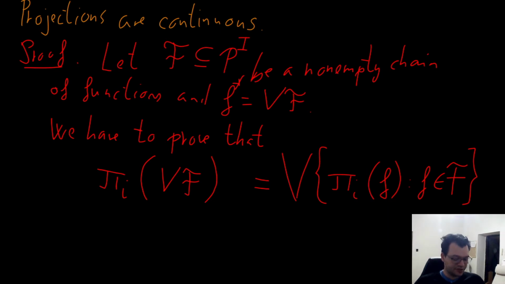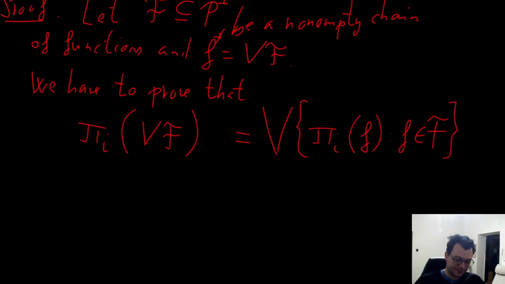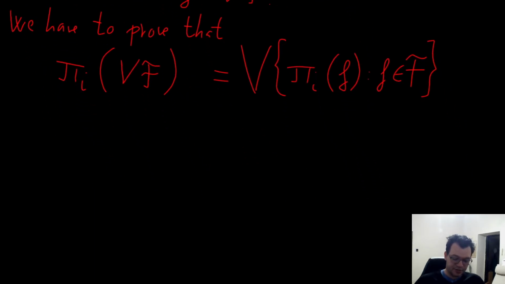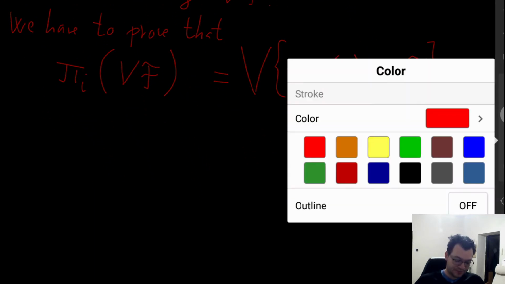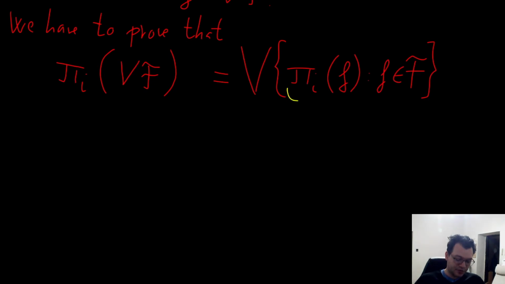On the left hand side, this is just f star, the supremum of the set of functions, and on the right hand side there are values which are in the poset p. Okay, so by definition, what's this?